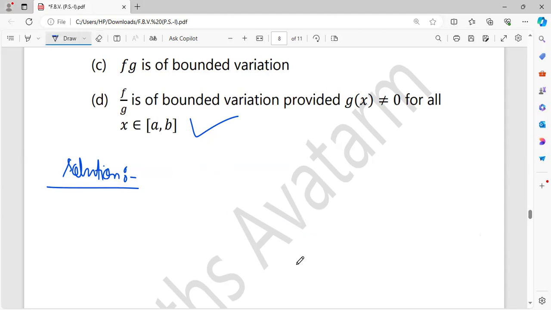So I should take here f upon g function.